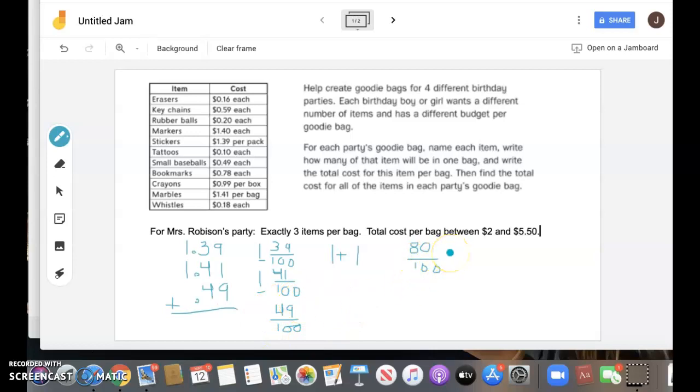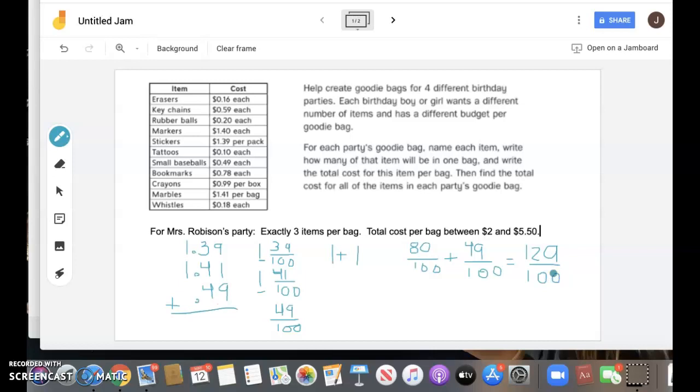So now I'm going to do 80 100ths plus 49 100ths, and that equals 9 plus 0 is 9, 8 plus 4 is 12. So that gives me 129 100ths, which is an improper fraction.